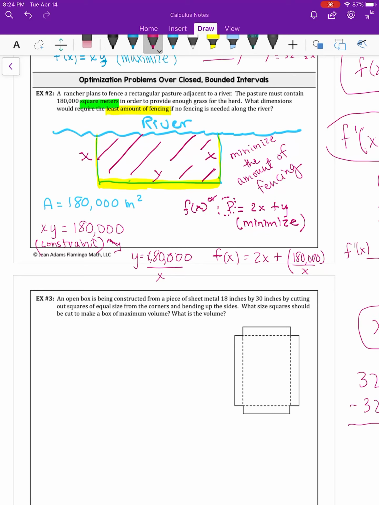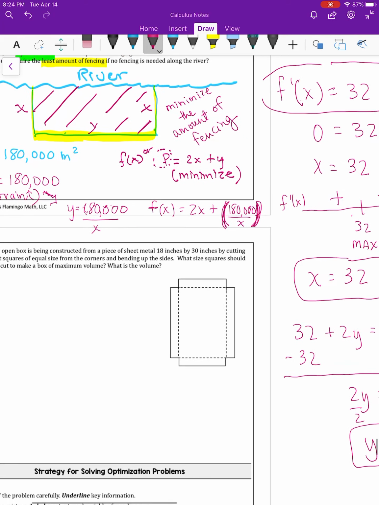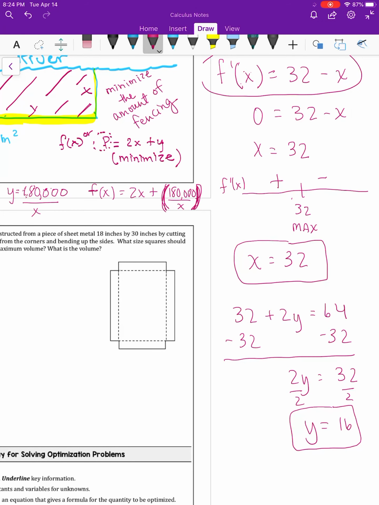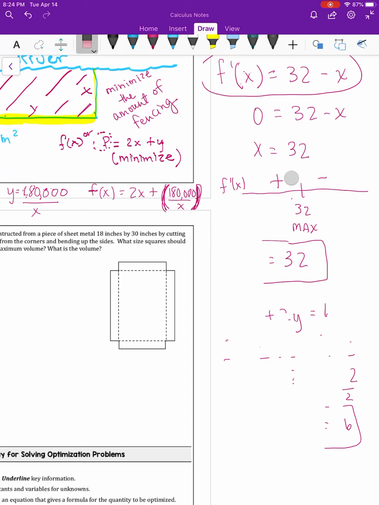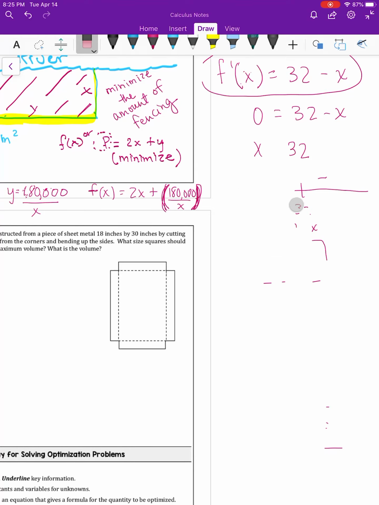You can change it to f of x if you want, but you don't need to. So it's 2x plus 180,000 divided by x, which is just putting that in for y. Now you're going to take the derivative and find your critical points.